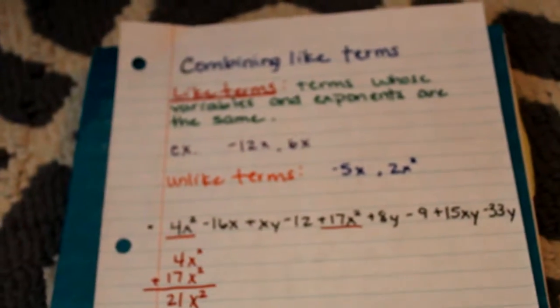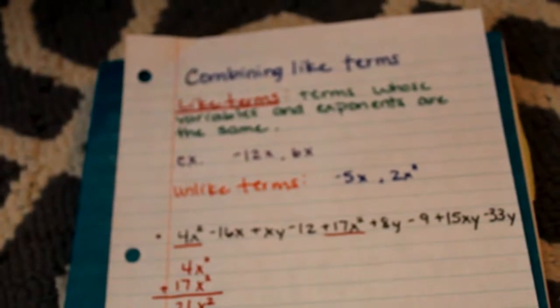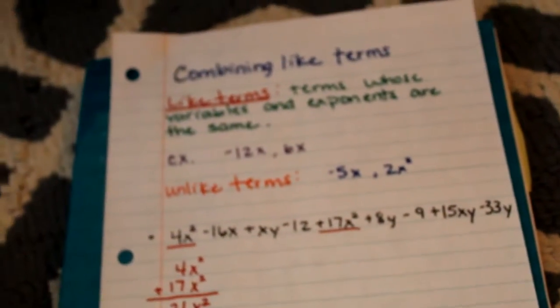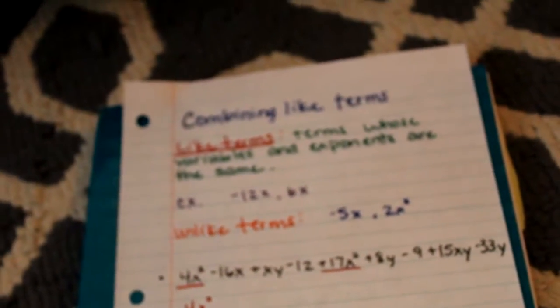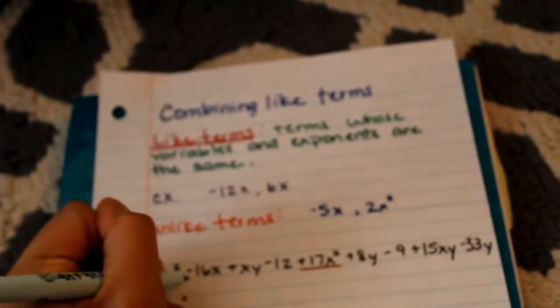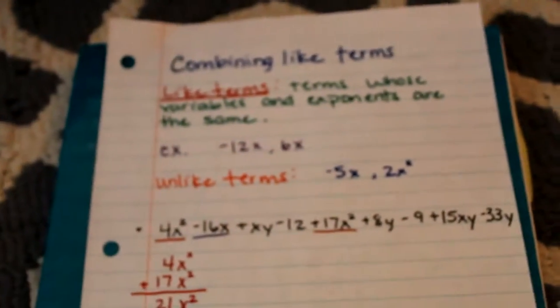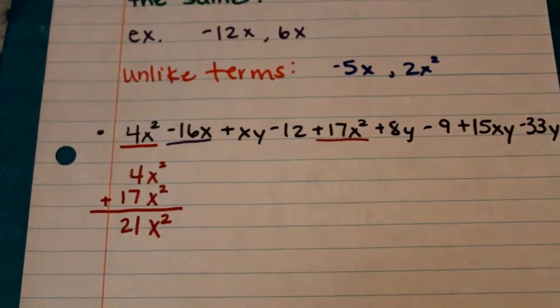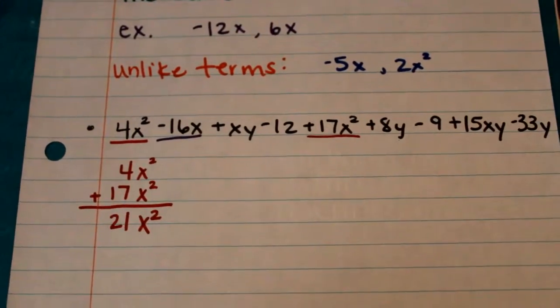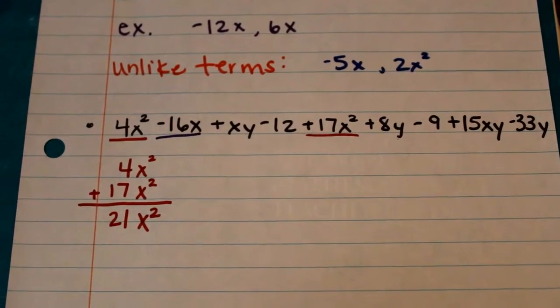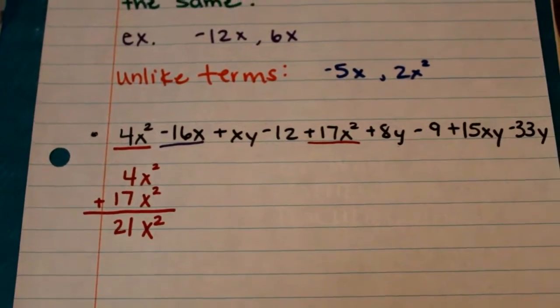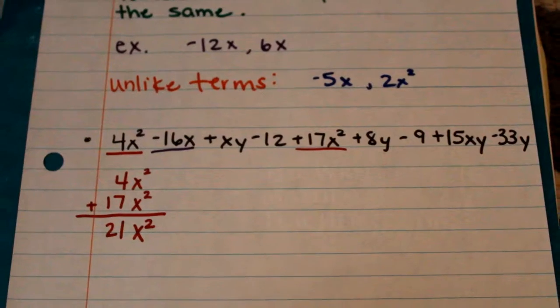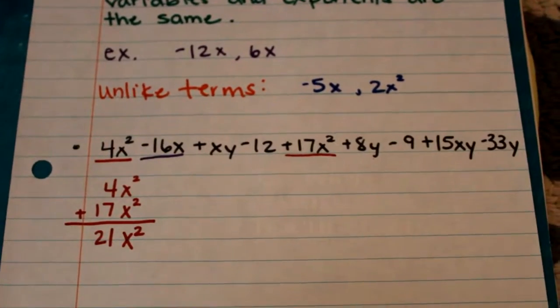Okay, then we're going to take our second term and we're going to get a different color, and we're going to start underlining any like term. So this time I'm taking the color purple. So we're looking for something that's a like term to negative 16x. So the next term that we have is plus xy.